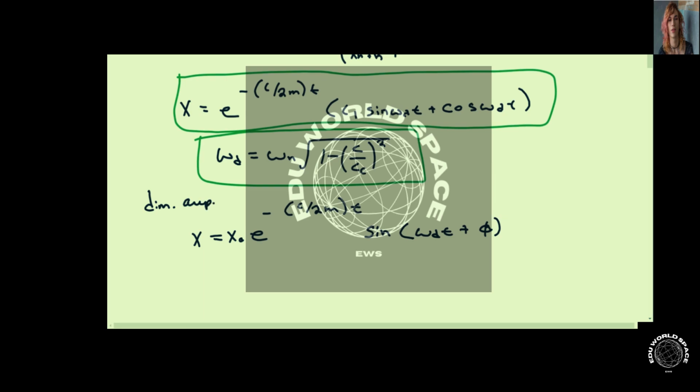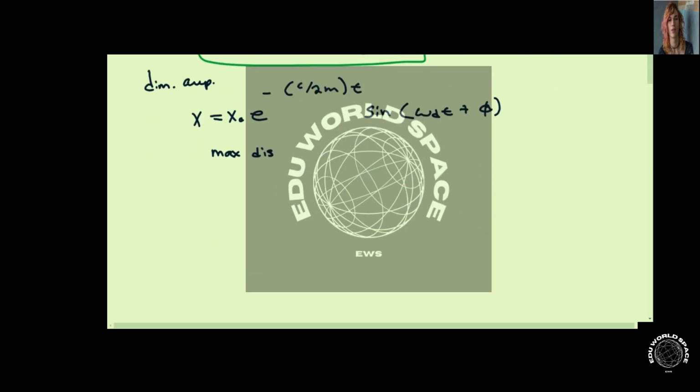Okay, so, and to find the max displacement from this, we are going to be, excuse me, t equals tn, x equals xn. Okay?